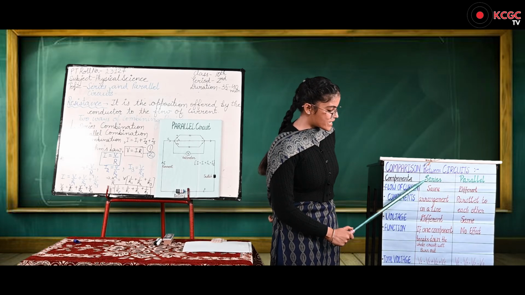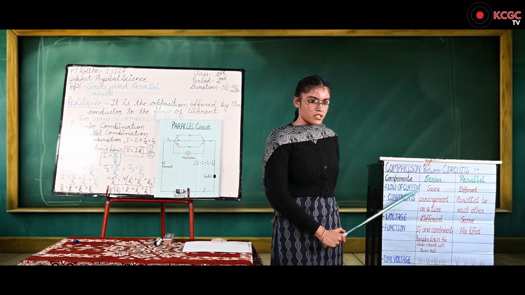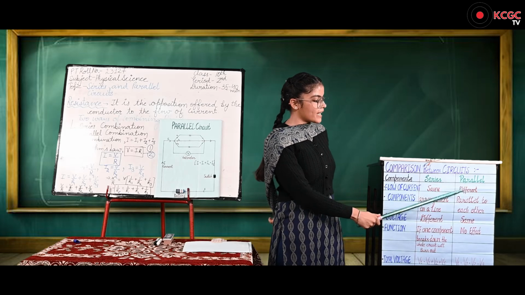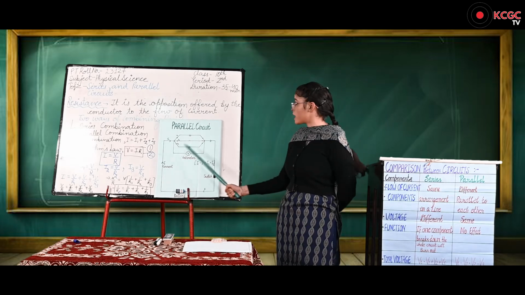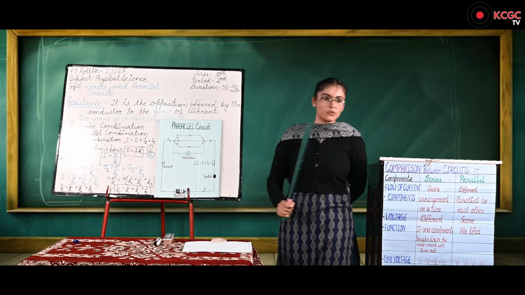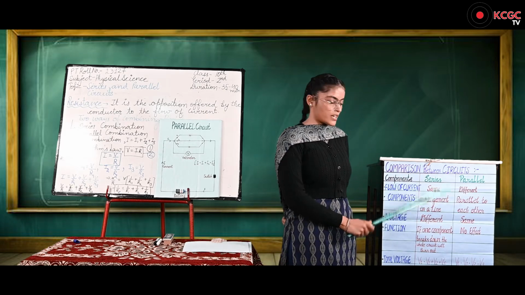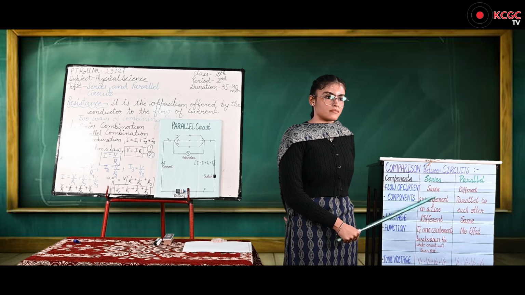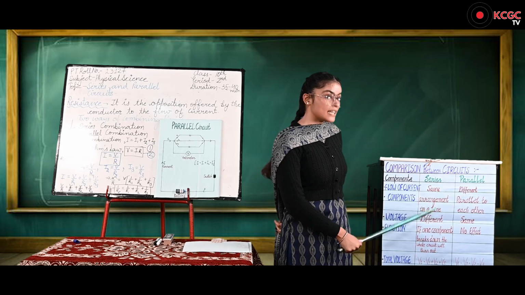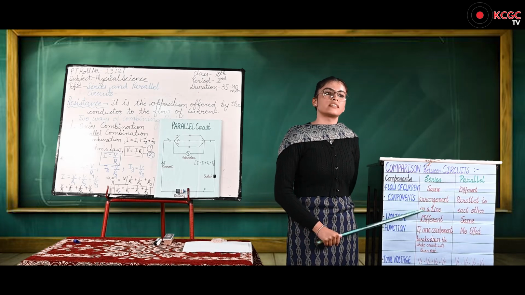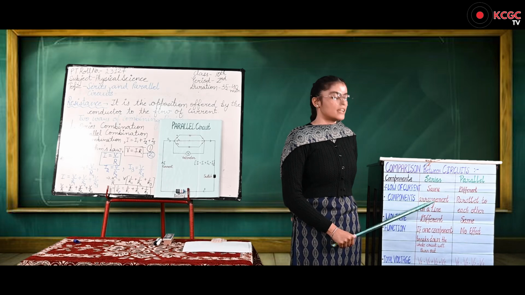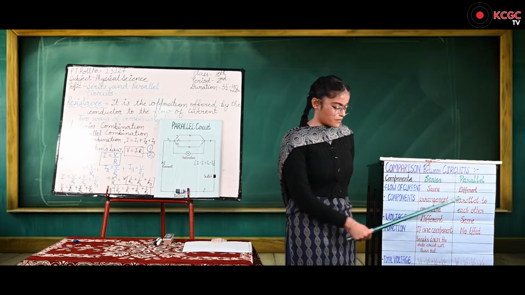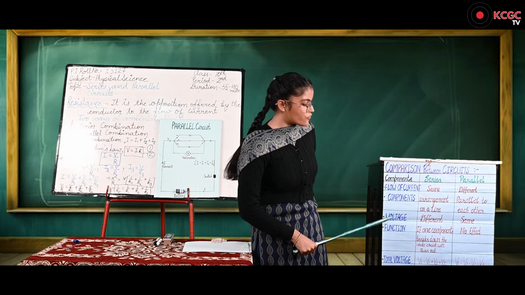Now in series circuit the flow of current was same, so here is same. But in parallel circuit that was different. As you have seen here, the current value has been changed and is different. And the components were arranged in a line. In a series combination, the resistances were combined in a line, and in the parallel circuit, they are parallel to each other. And next one is voltage.